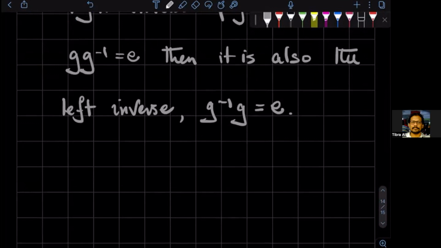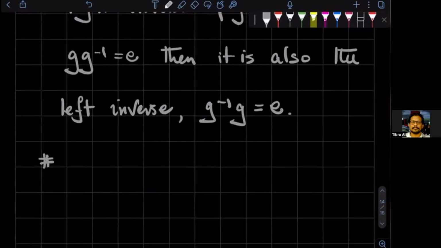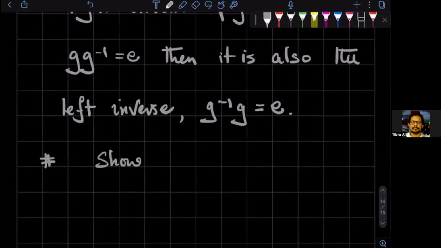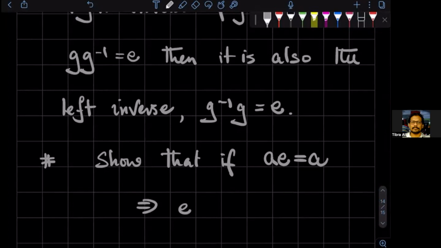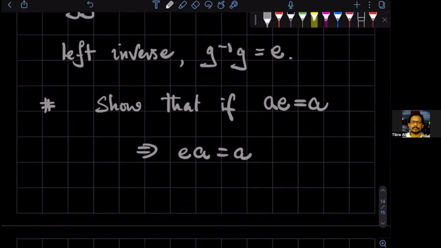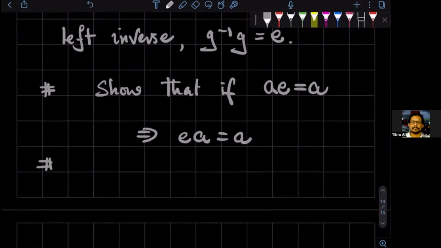So that's number one. Number two is, show that if E is the right identity, then it is also the left identity. And number three is that, show that the inverse is unique.